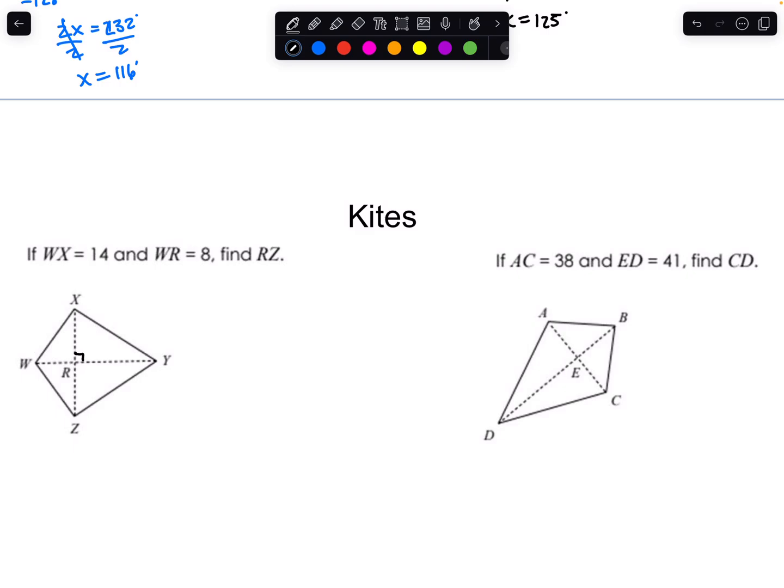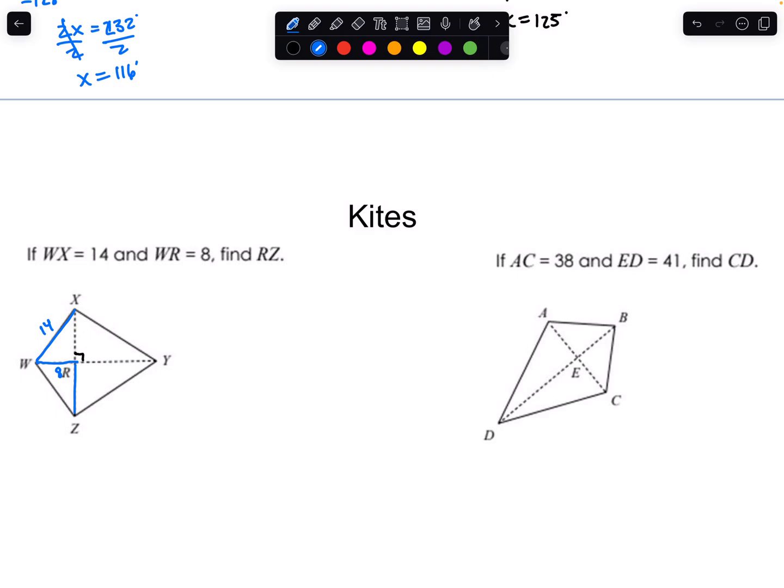I have WX measures 14 in length, so this distance is 14. WR, this distance, measures 8. I'm trying to find the length of RZ, this length.